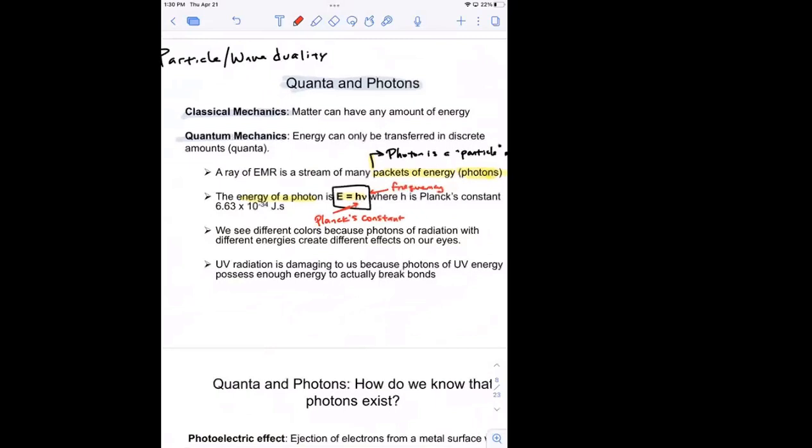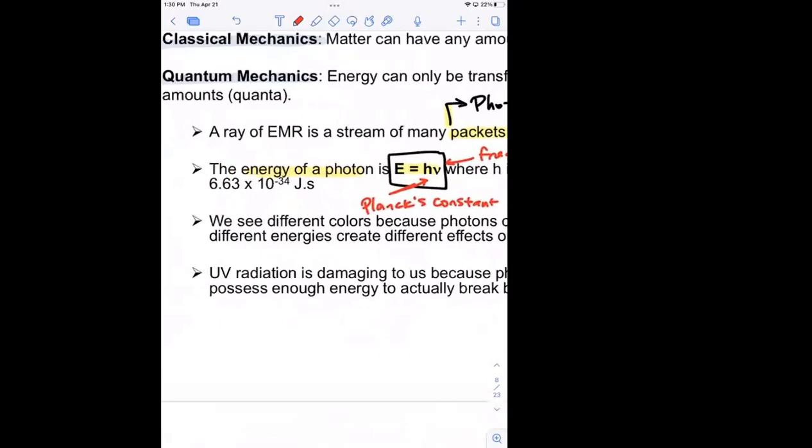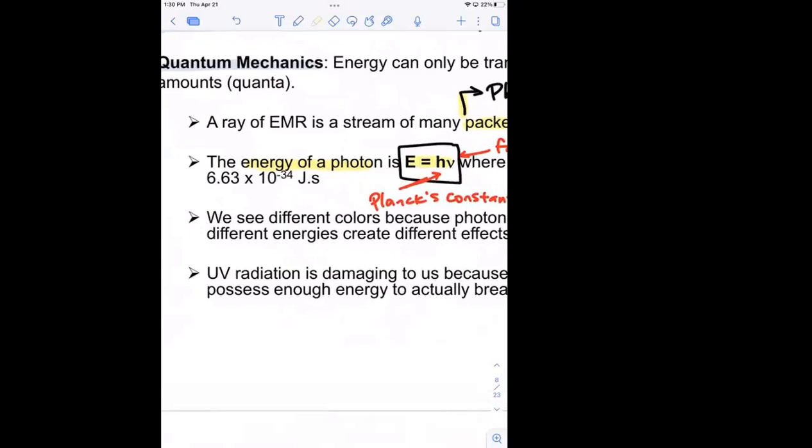It's not a number that you'll ever have to calculate. It's a constant, so that means it has already been verified. You can look it up anywhere and it's going to be the same value, which is 6.63 times 10 to the minus 34th. Notice the units, joule seconds. The joule seconds takes into account the fact that the frequency is in reciprocal seconds. So your energy is always going to be calculated in joules. So anytime we calculate the energy of a photon, it's going to be calculated in joules.